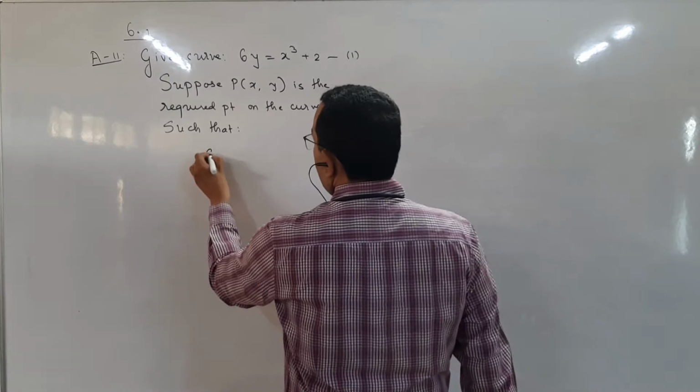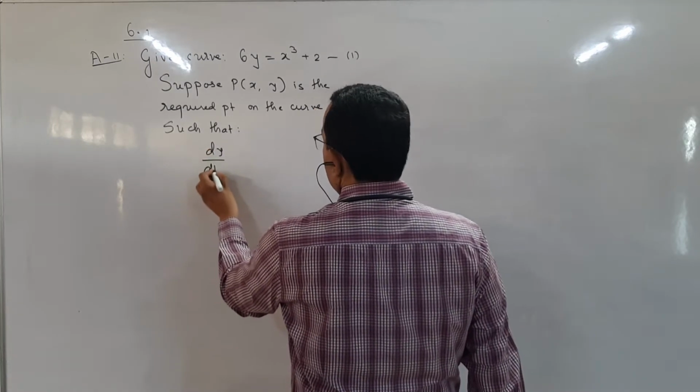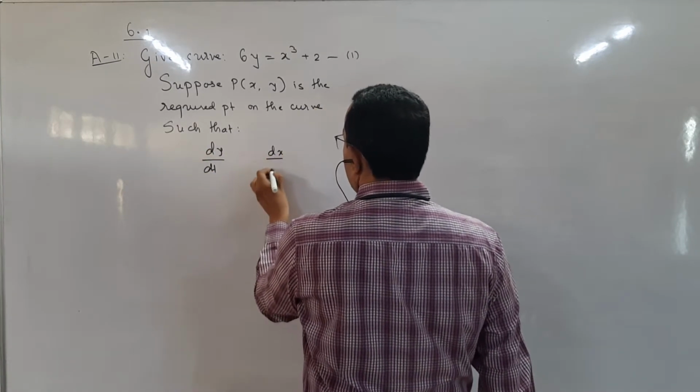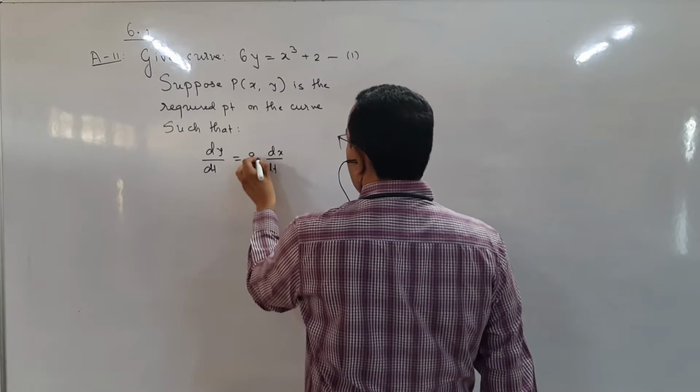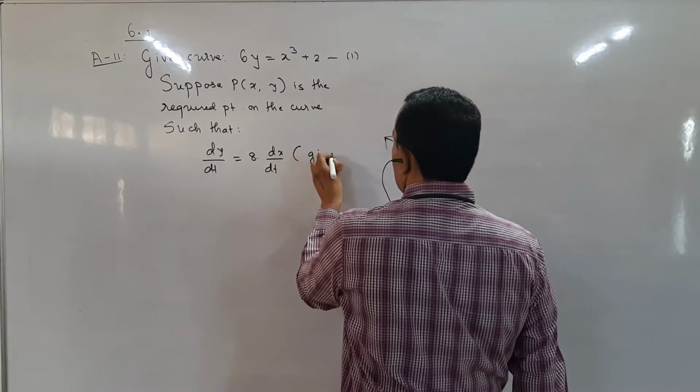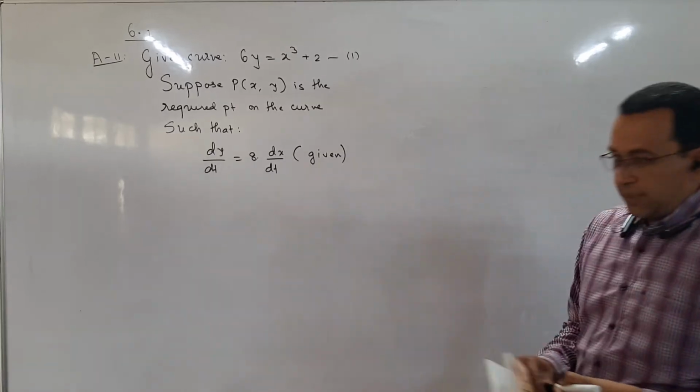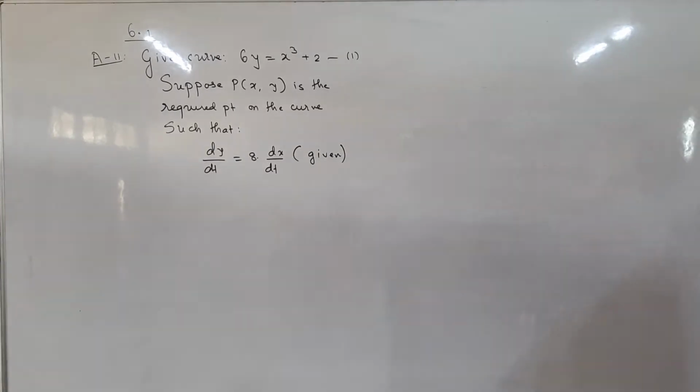The rate of change of the y coordinate is dy/dt, and the rate of change of the x coordinate is dx/dt. According to the given condition, dy/dt is 8 times dx/dt. This is what is given and what we have to understand perfectly.